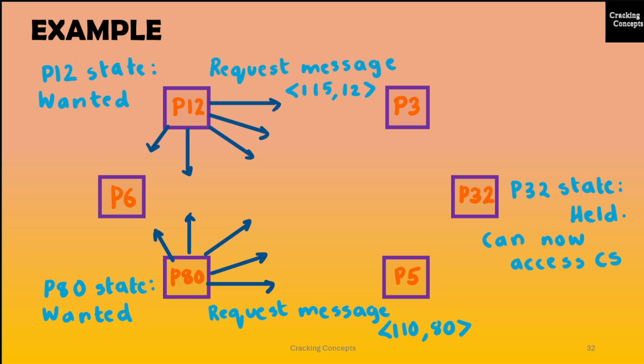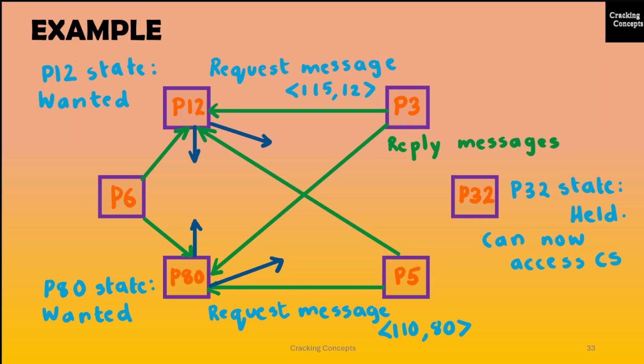After some time, both process P12 and P80 are interested in accessing the critical section. So first they change their state to wanted and they send a request message containing their process ID and timestamp to all the other processes in the system.